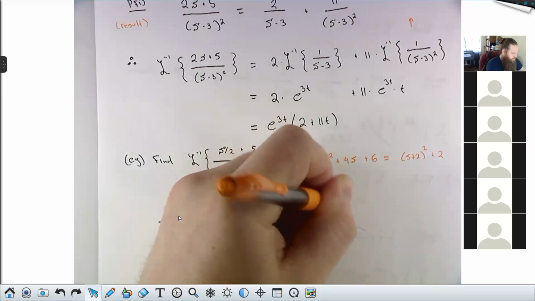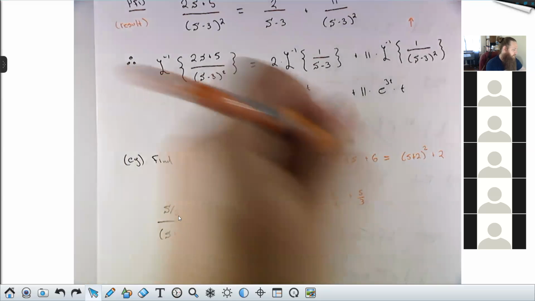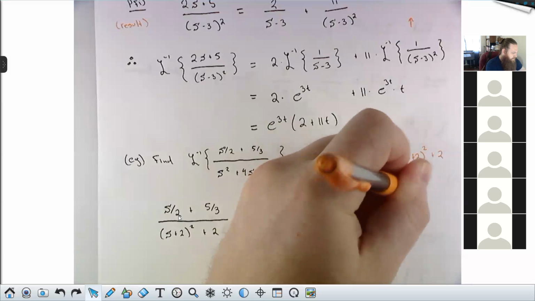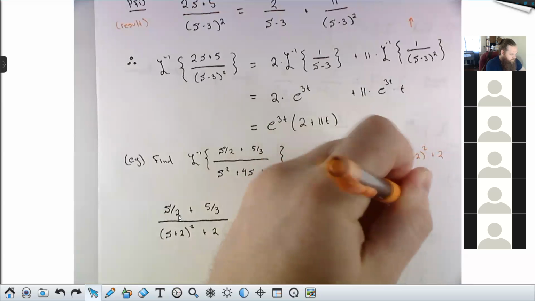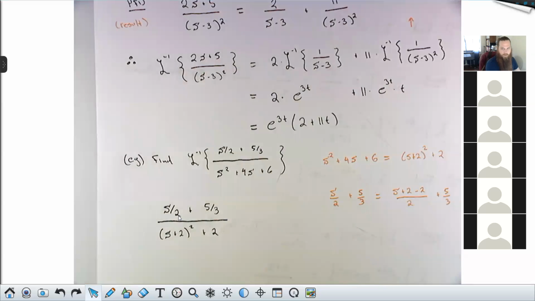S over 2 plus 5 over 3. Easiest way to do that is to write s plus 2 minus 2 over 2 plus 5 over 3. This is a trick, again, you may have seen in Calc 2, we use this when we're integrating, the add and subtract trick.